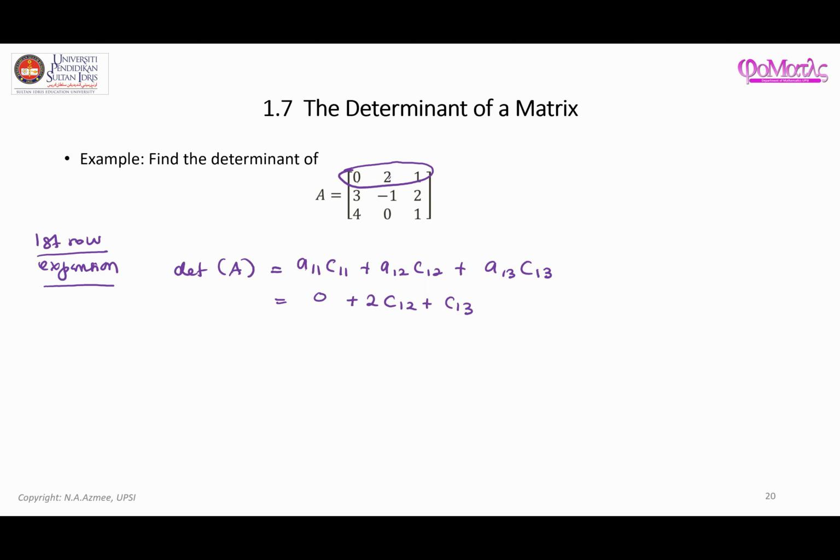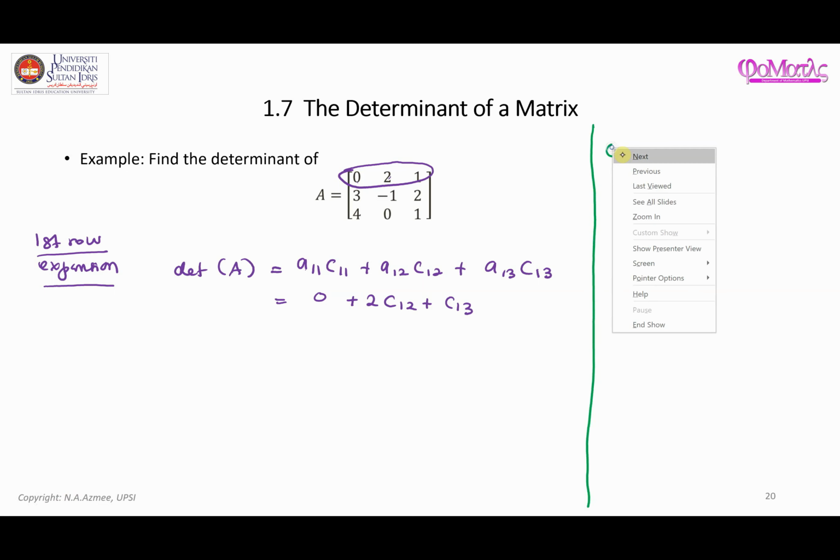Now what I need to do is find what is C12. So here I'm going to do some side work over there. In order to find C12, we need to go on and find M12.